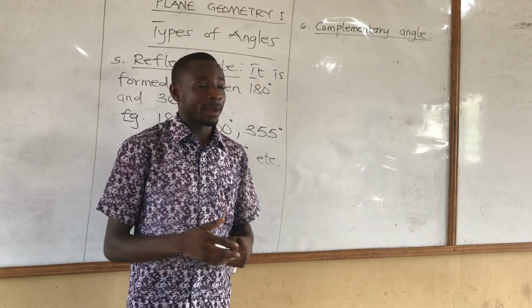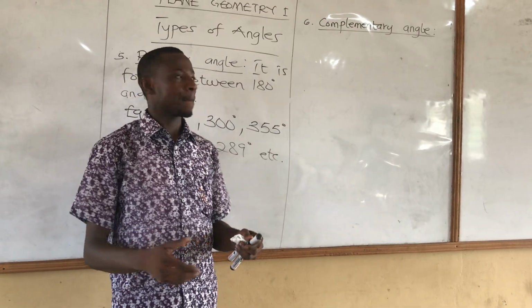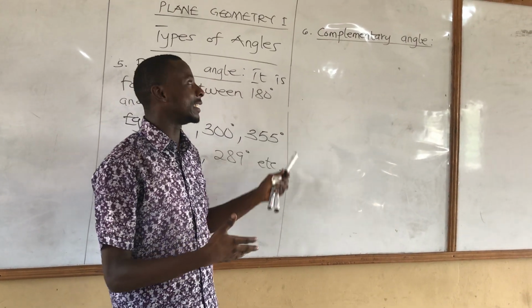The sixth type is complementary angle. So now let's look at how it is defined.